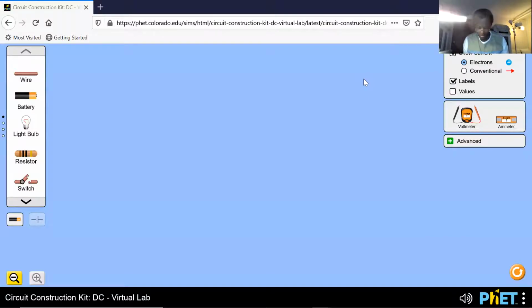So click and drag the circuit components from the sides of the simulation screen to get them into the work area. So we're going to start with a series circuit.